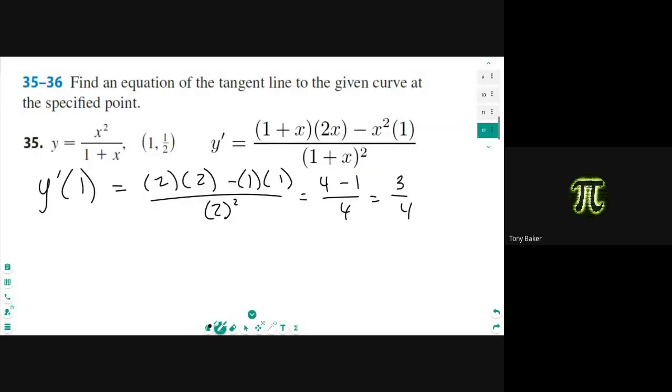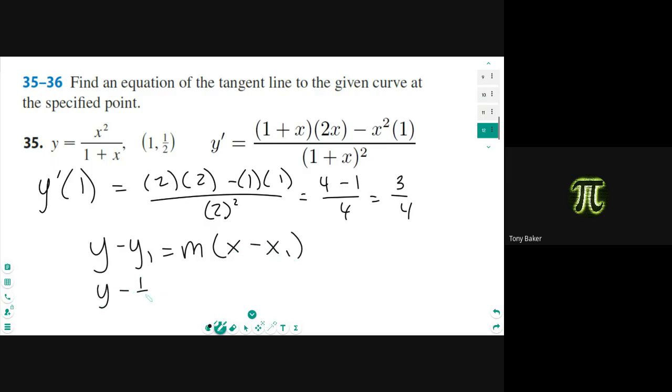3/4. The last part, they say they want the equation of the tangent line, right? So we have to plug it back into the point slope form of the equation to find my equation. So y minus y1 equals m times x minus x1.